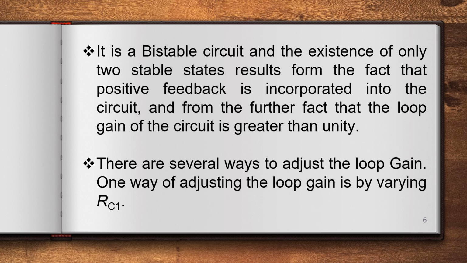Already I told that a bistable multivibrator circuit has got two stable states. Here two stable states result from positive feedback, which is incorporated into the circuit, and from the loop gain of the circuit being greater than 1.